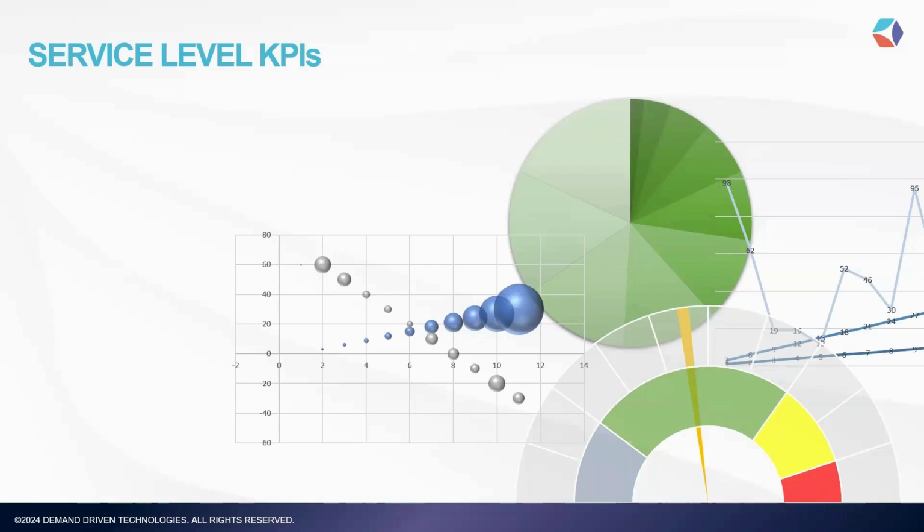Before I jump into some of the service level KPIs, I want to mention that the embedded Power BI will also let you edit reports. So if you're a Power BI fan and you want to go in, you can hit the edit and make some changes.